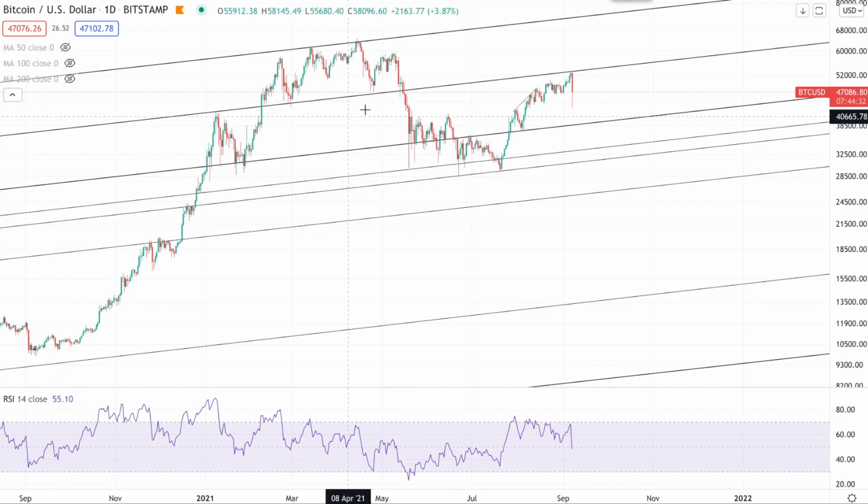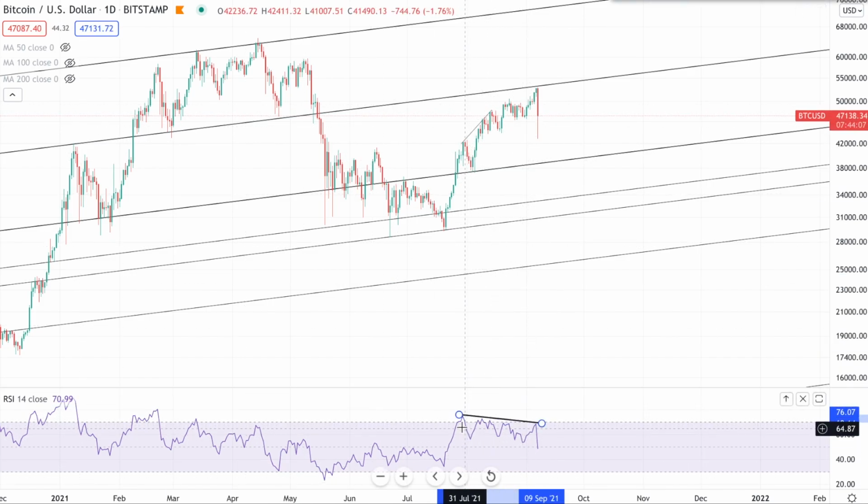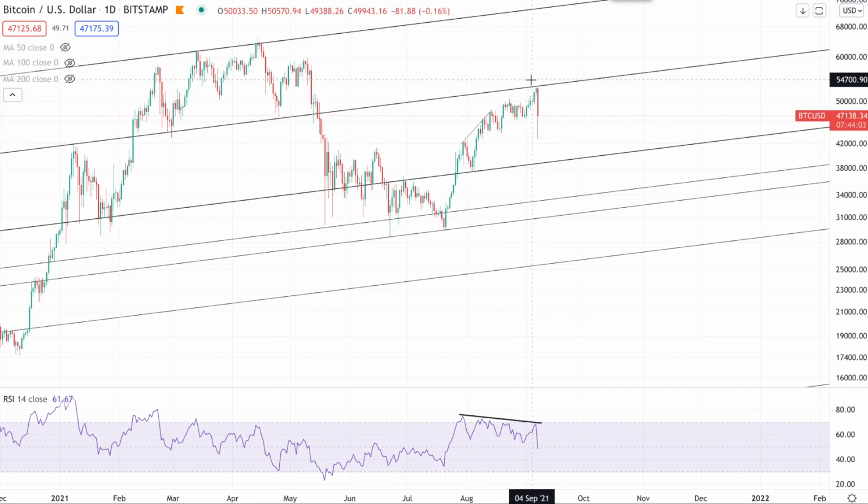All right, so a quick word on what happened with Bitcoin here. We were obviously grinding up here, building divergence slowly. If you watched our two last videos on Bitcoin, we talked about these divergences between the price that was rising and the RSI coming down here, making lower highs as the price is making higher highs, heading into that resistance, right? So that's a bearish technical setup.